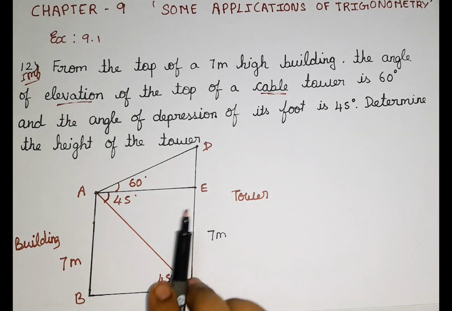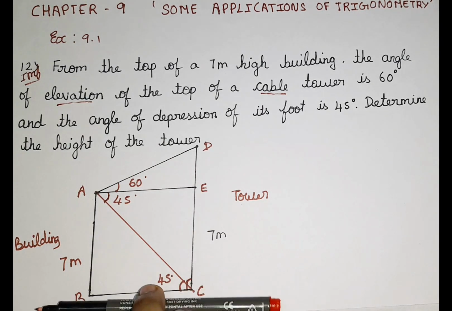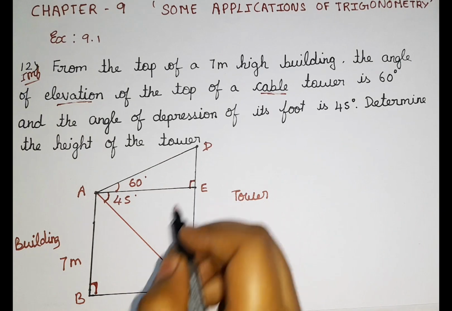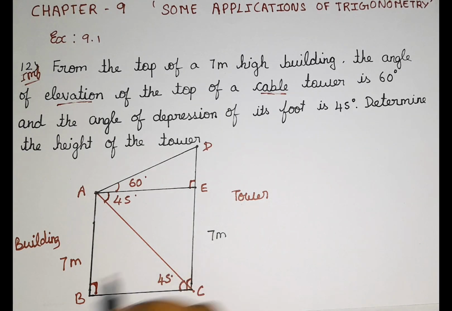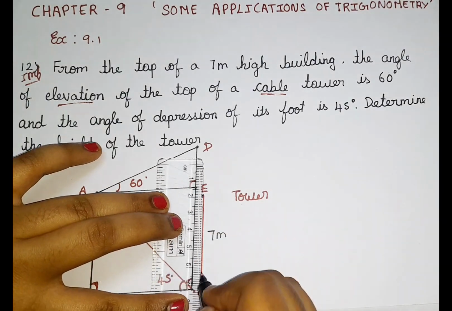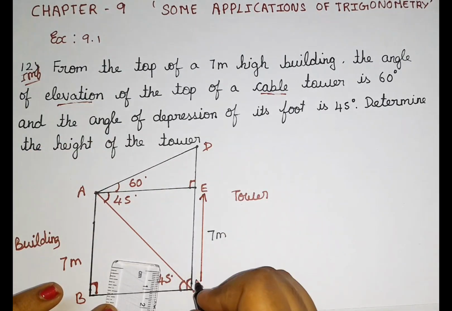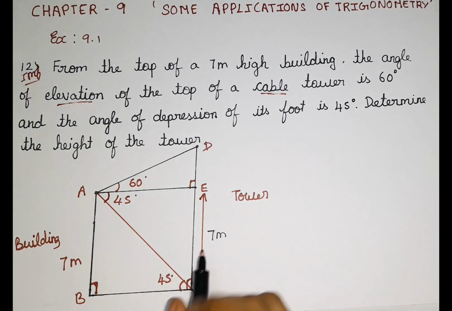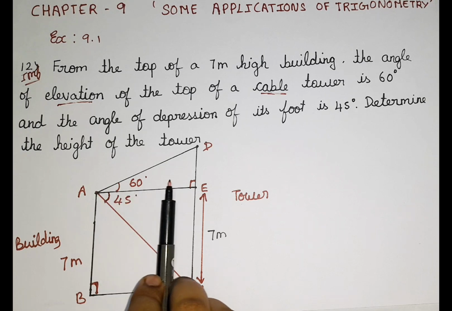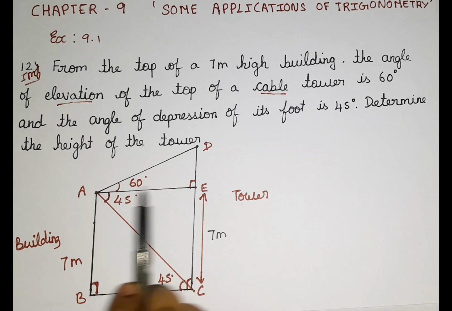Whenever you have a straight line and a horizontal line like that, we call it 90 degrees, and here also it is 90 degrees, and here also it is 90 degrees, isn't it? So from this to this part the value is 7 meter. Why 7 meter? Since the building here is 7 meter, when you come straight, it is in the equal portion, isn't it?